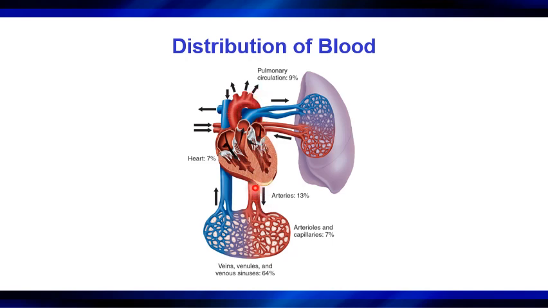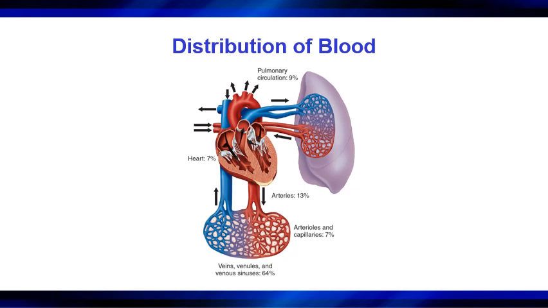So blood goes through the arteries into arterioles and then to capillaries. Capillaries are where the exchange of oxygen and nutrients takes place. Capillaries are very thin and permeable, and that's where that oxygen and nutrient exchange takes place. So you go from arteries to arterioles, which are essentially smaller versions of arteries, to capillaries.